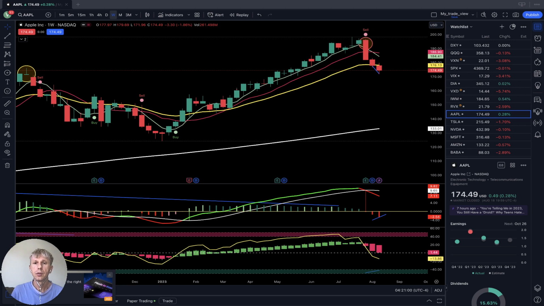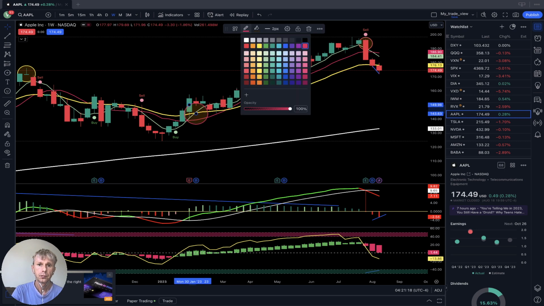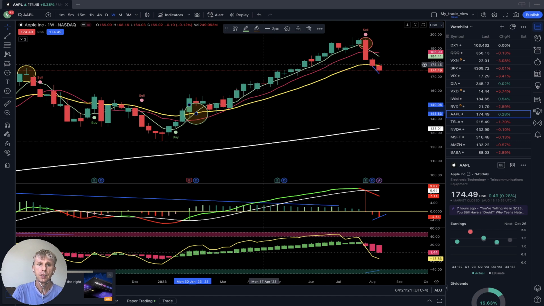Weekly, let's see what's going on weekly. Weekly, very interesting story. It's not positive anymore. Let's see when it was bullish crossover last time. Over here, right? Let's change it to green. This green circle, buy signal from the script.